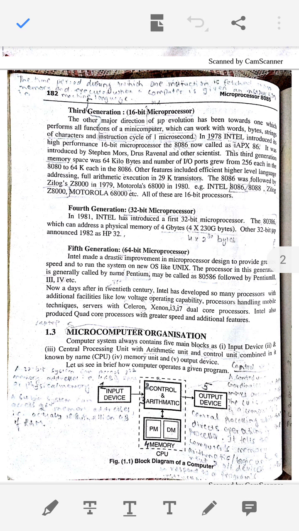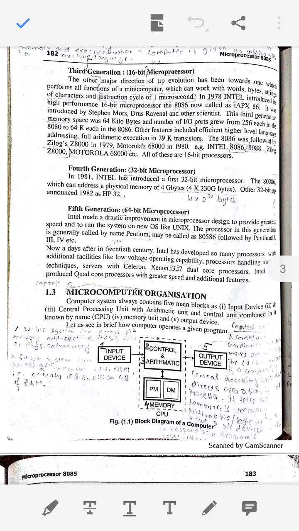Fifth generation. Here in the fifth generation, the speed was faster and it was developed to run new operating systems like Unix.